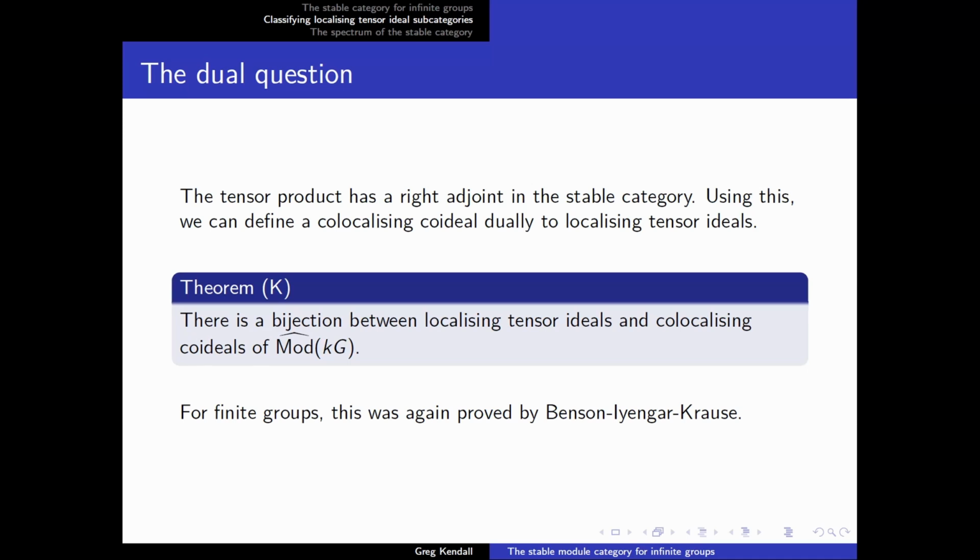And then we can ask, can we classify these things? It turns out, yes, we can. For finite groups, this is proven again by Benson, Iyengar, and Krause: you have a bijection between the localizing tensor ideals and the colocalizing coideals, and it's an explicit bijection. We can extend that to all groups of finite virtual cohomological dimension. Again, you just reduce these colocalizing coideals down to the finite subgroups.